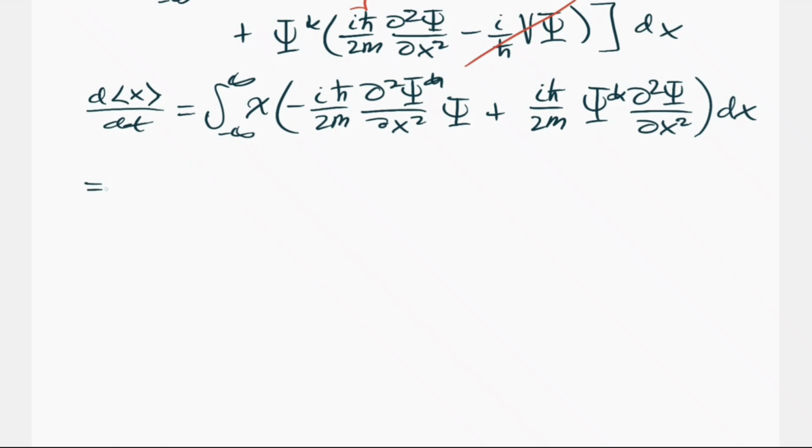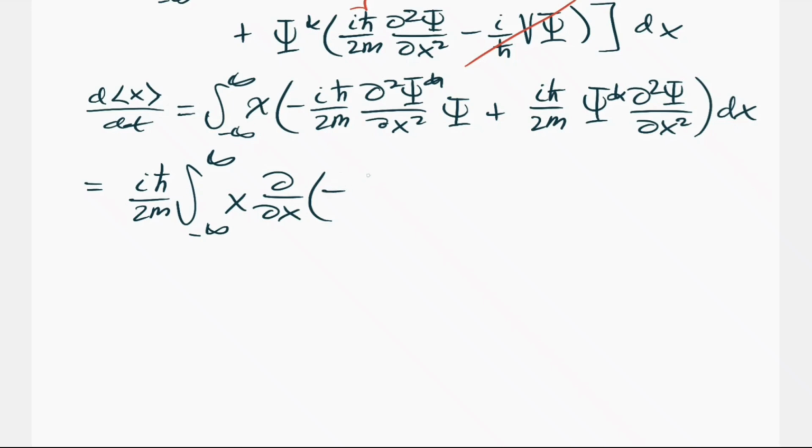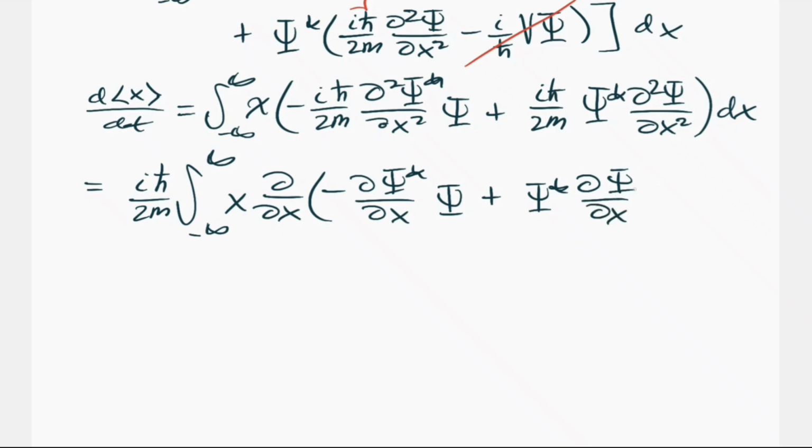So that is going to be equal to i h bar over 2m times that integral, negative infinity to infinity, of x, and then we're going to take out a d/dx as well, and we're left with negative d psi star/dx times psi plus psi star d psi/dx, and dx.